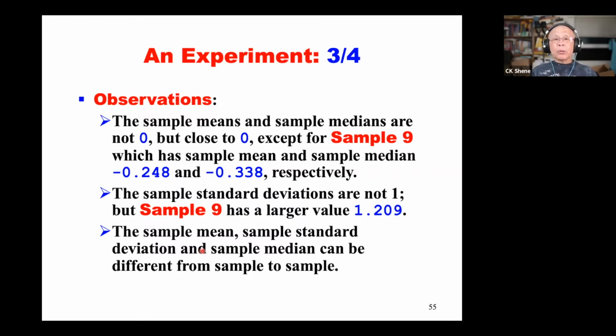You compute the household income mean, standard deviation, and the median. Then you take a second sample of another 100 households. The computed mean, standard deviation, and median would be different. And this is something you have to remember, because the samples are random. Therefore, the computed mean, standard deviation, and median from a random sample are also random.